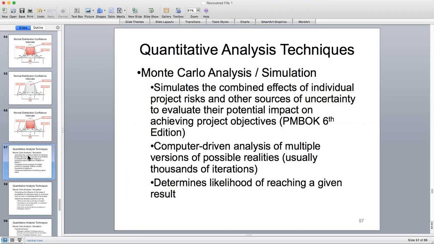So Monte Carlo simulation, according to PMBOK, simulates the combined effects of individual project risks and other sources of uncertainty to evaluate their potential impact on achieving project objectives. It's using sophisticated computer analysis, and it takes multiple versions of possible realities, usually thousands or even millions of different times, and it determines the likelihood of reaching a given result. You decide what that is.